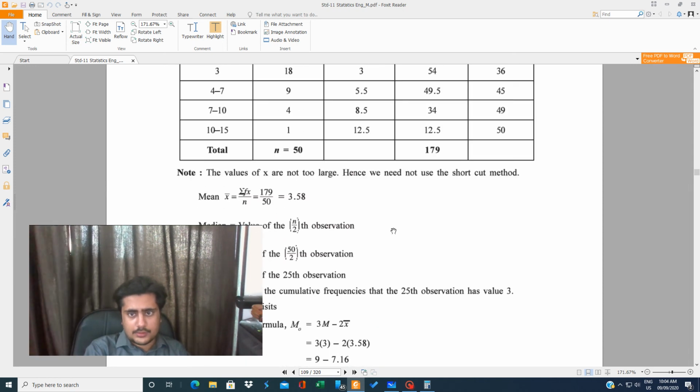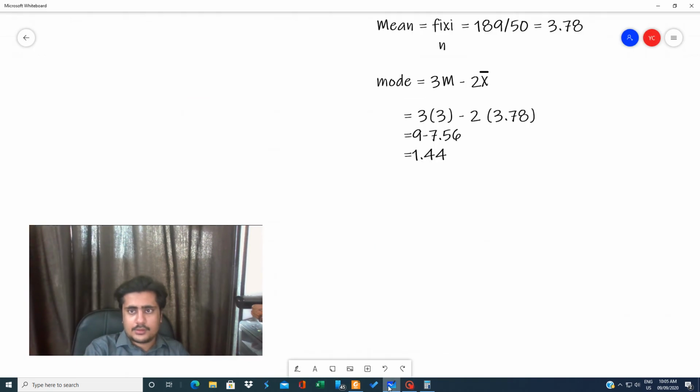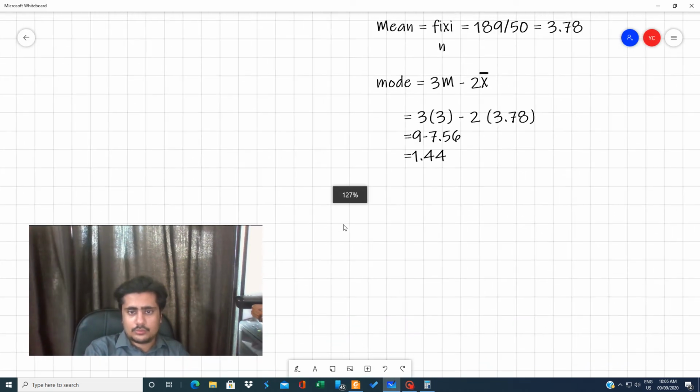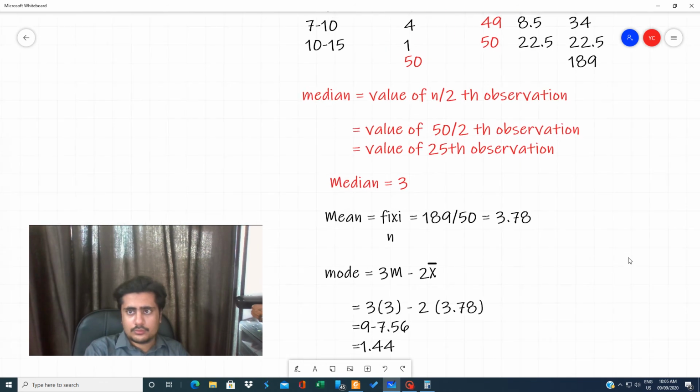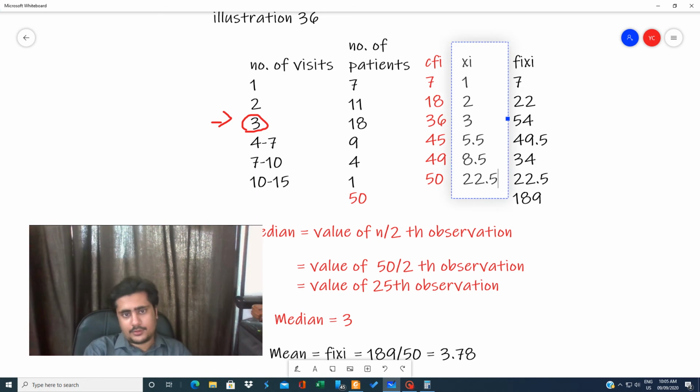There is some mistake in the calculation. The fx total was 189. Let's check the total: 7, 22, 54, 49.5, 34, and xi here is 12.5, so this will be 12.5.